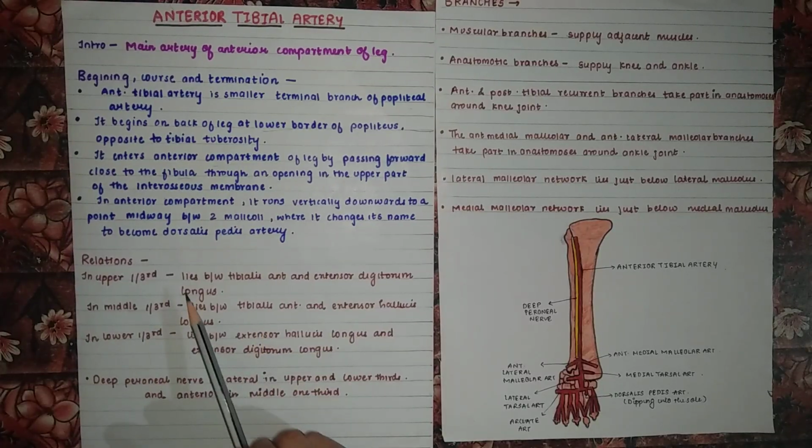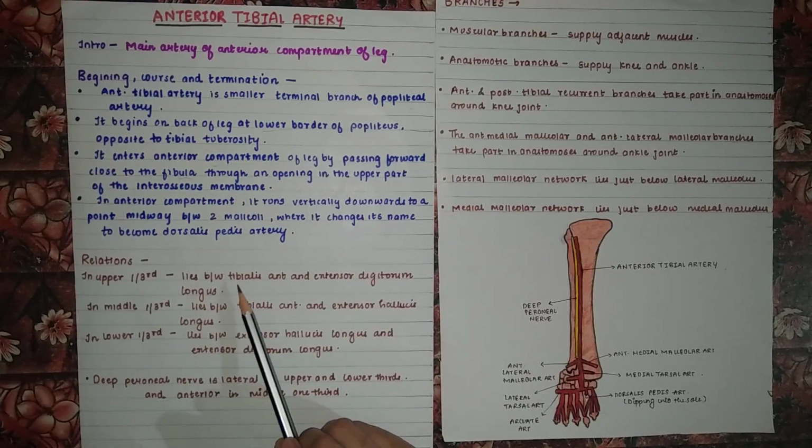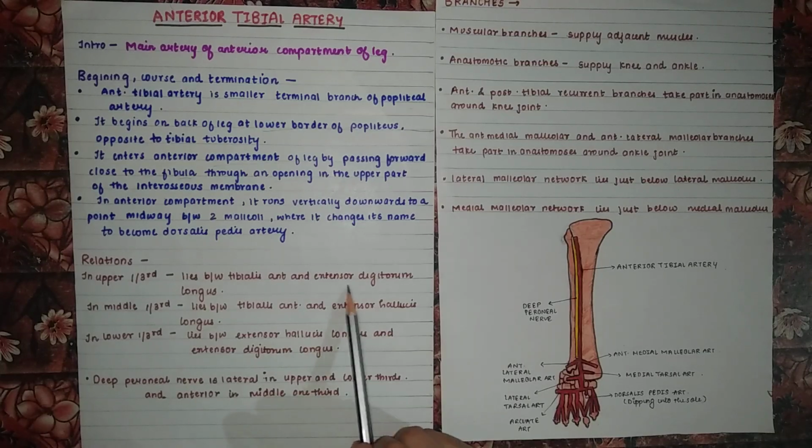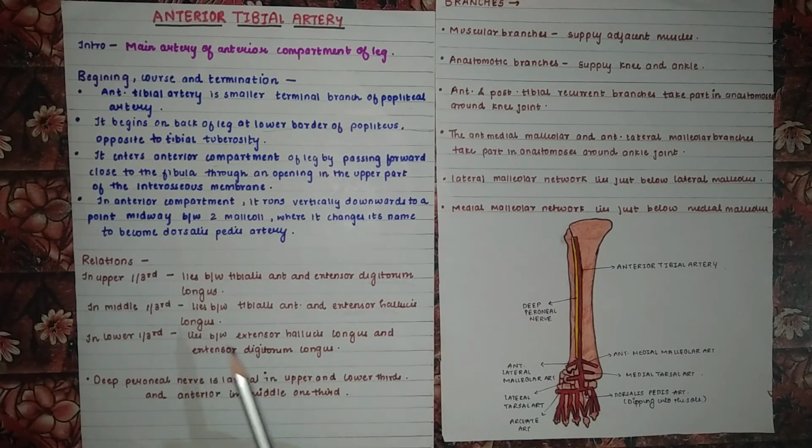So tibialis anterior is in both the upper 1/3 and the middle 1/3. In upper 1/3 the other muscle is extensor digitorum longus, and in the middle it is extensor hallucis longus. Then in lower 1/3 extensor digitorum longus and extensor hallucis longus are present. There is no tibialis anterior. So like this you can remember.